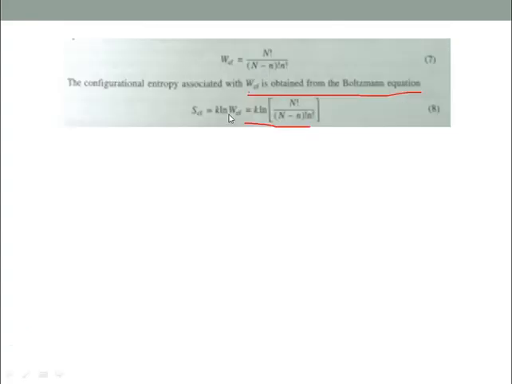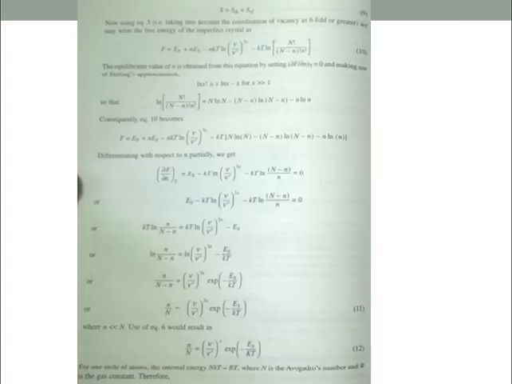And this is the configurational entropy, that is S_CF. So now the total entropy is equal to the sum of these two, that is S_TH and S_CF, the configurational entropy.